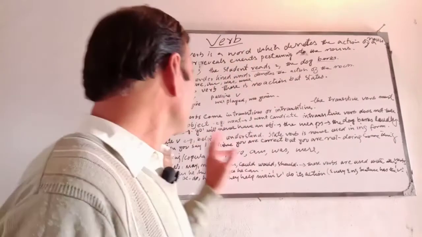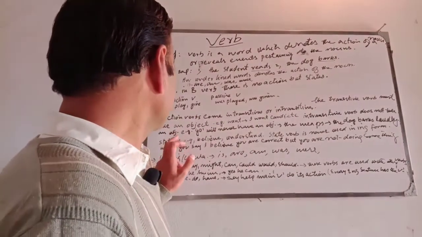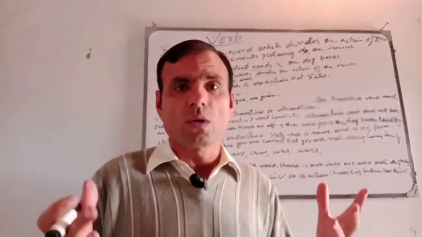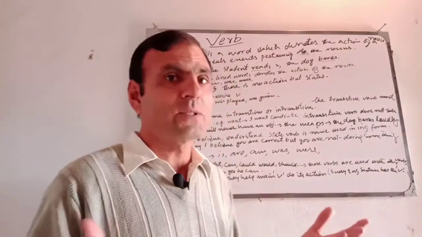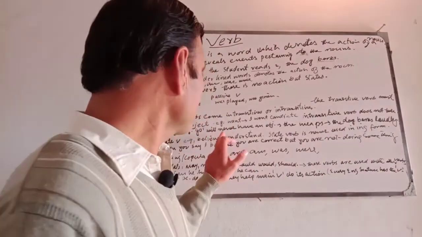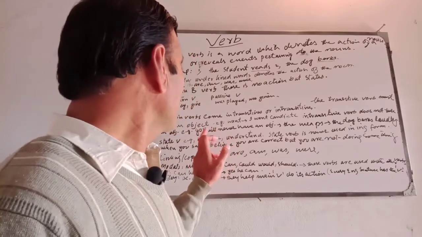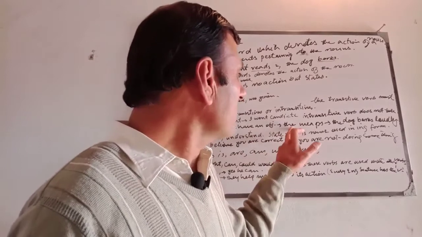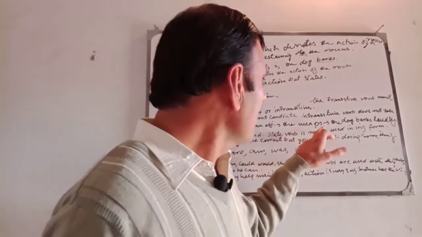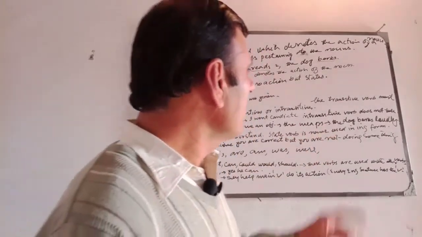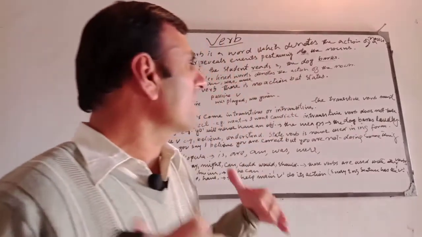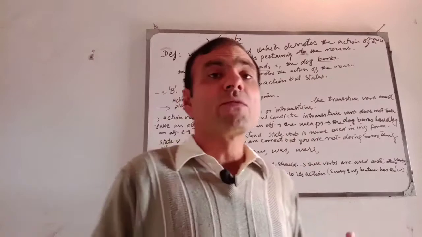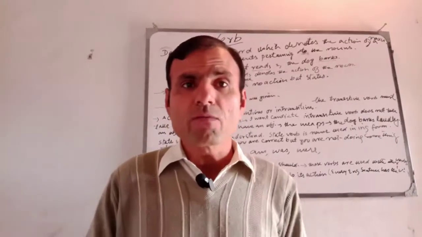So now we take an example of the intransitive verb. For example, go. Go up. There is no object in it. Go will never have an object. For example, the dog barks loudly. The boy weeps.